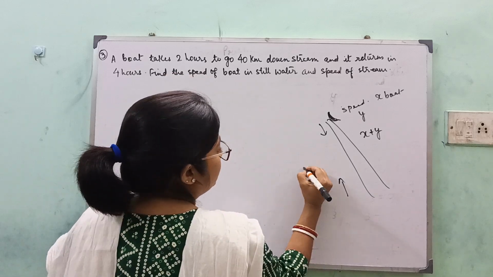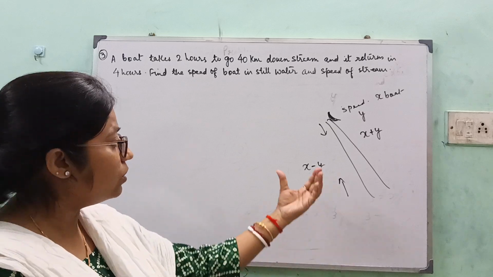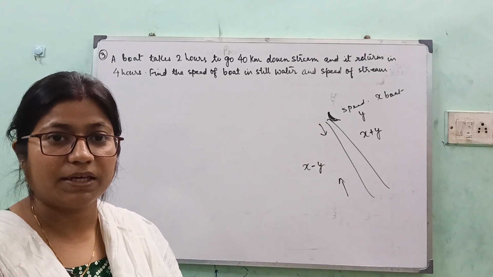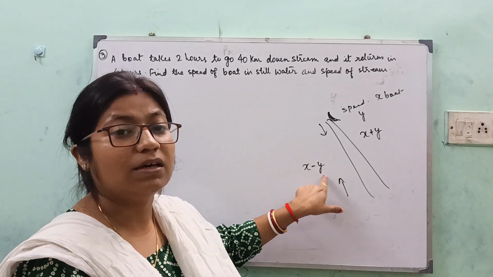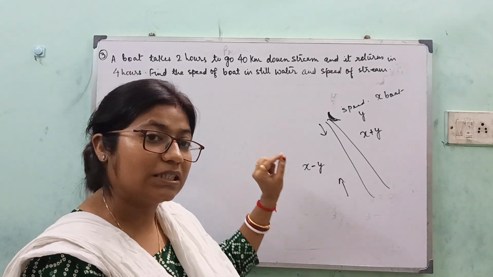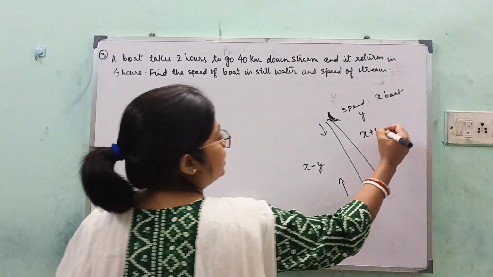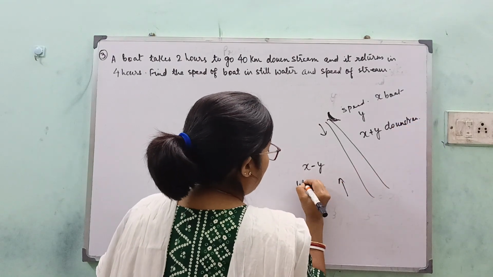So now the speed of the system during the upstream journey becomes x minus y. Please remember, from the speed of the boat, the speed of the stream is subtracted. And here it is added. So this is during downstream, and this is during upstream.